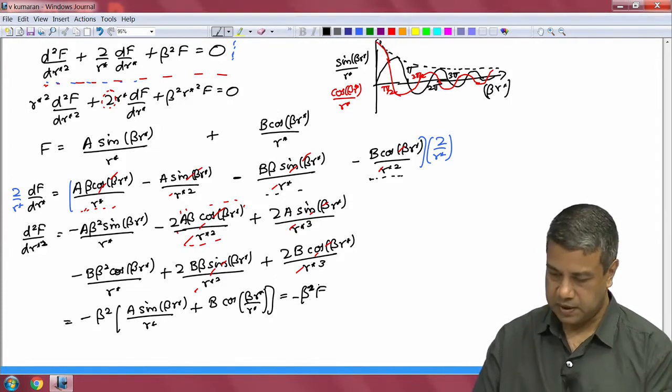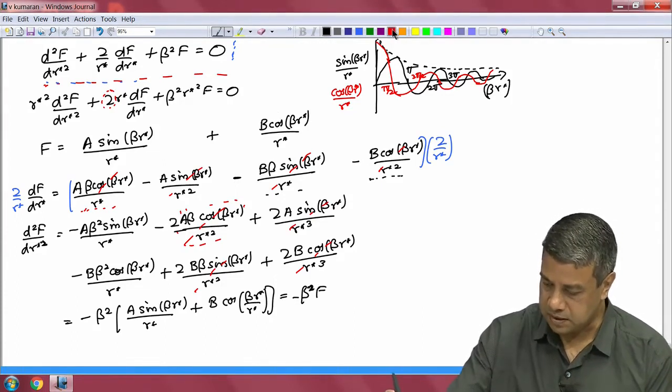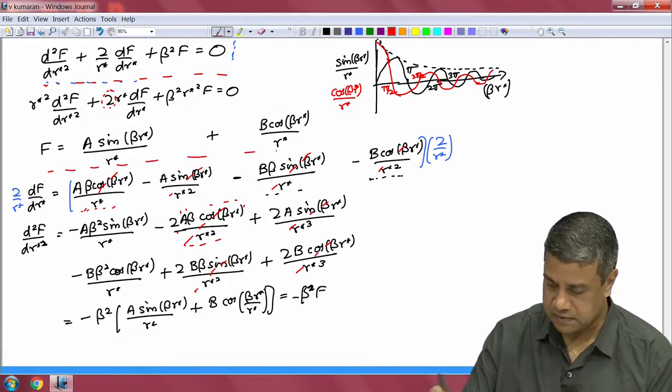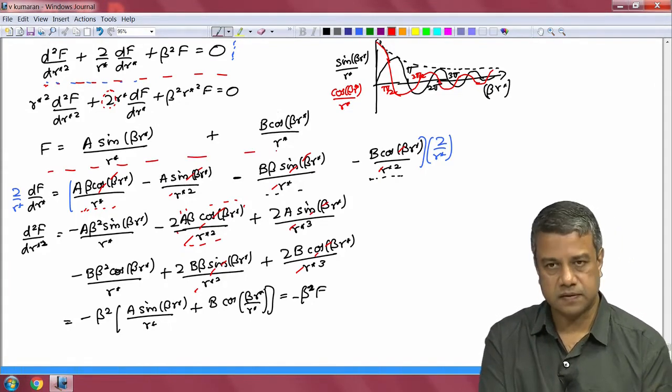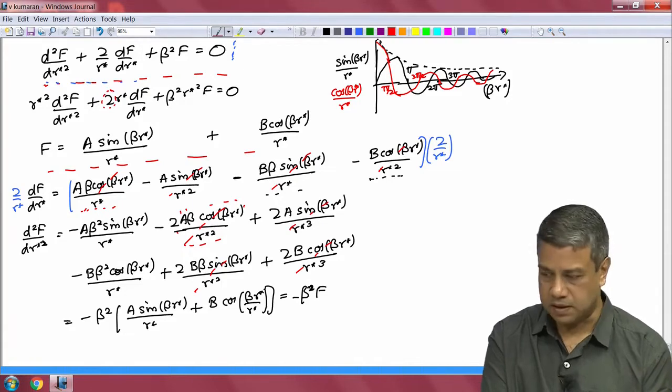So, just to show you that this solution actually satisfies the differential equation that I had earlier.